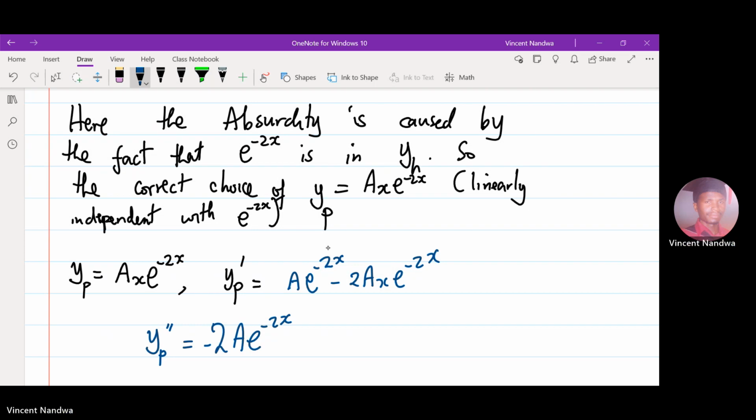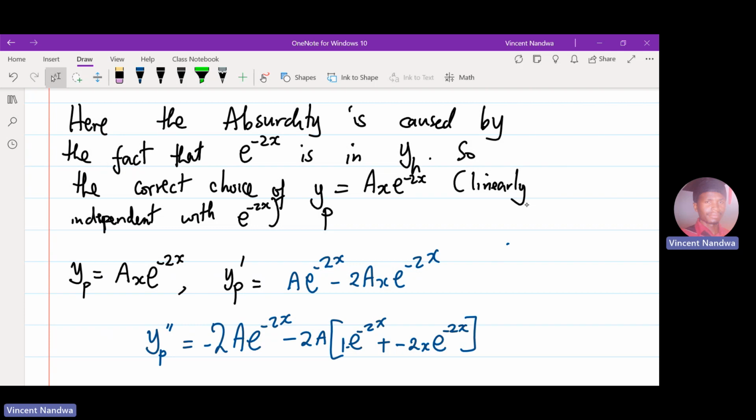And then minus 2a, into the derivative of x, which is 1, times e raised power minus 2x, plus the derivative of e raised power minus 2x, which is negative 2, after multiplying by the u function.